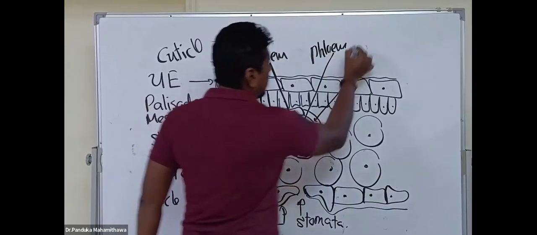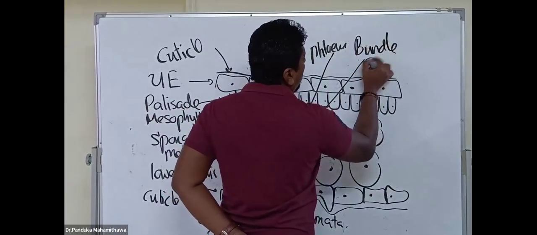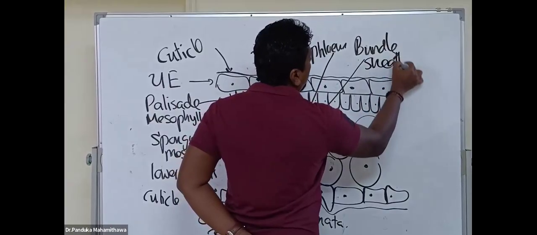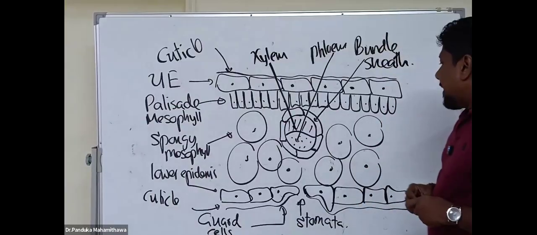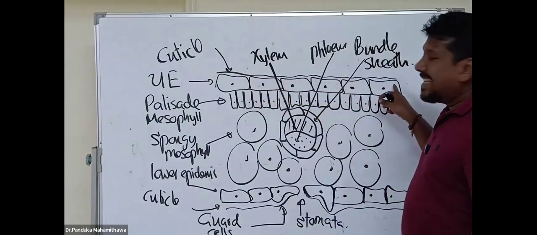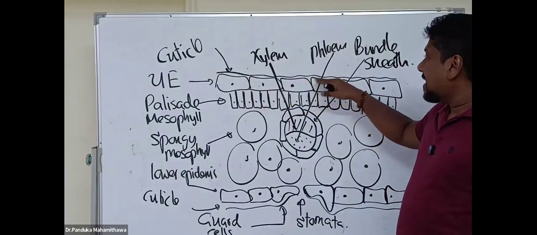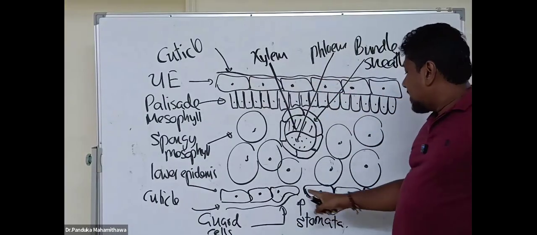and this is the bundle sheath. You have the waxy layer outside the upper epidermis and the lower epidermis, that is the cuticle. And then you have the stomata.